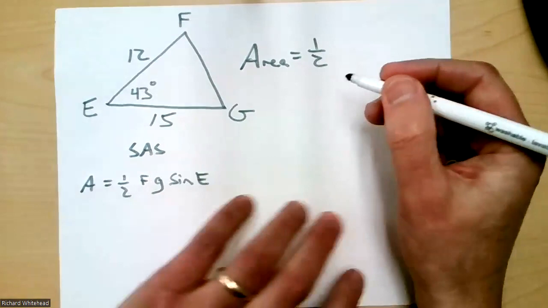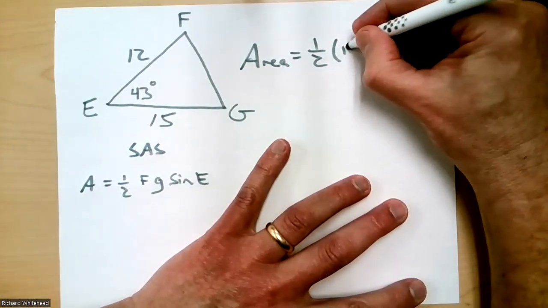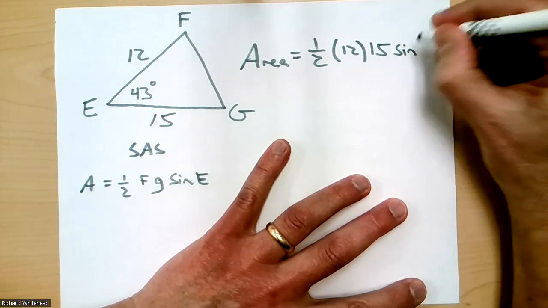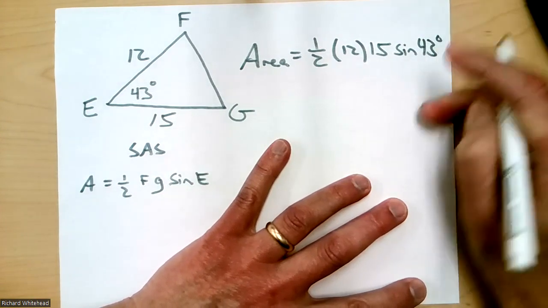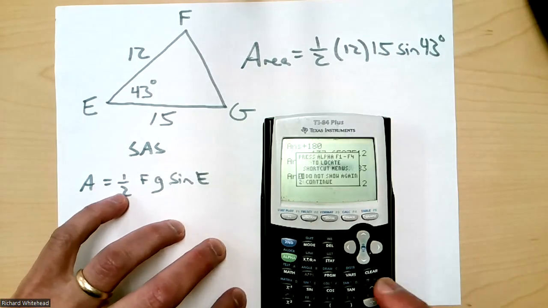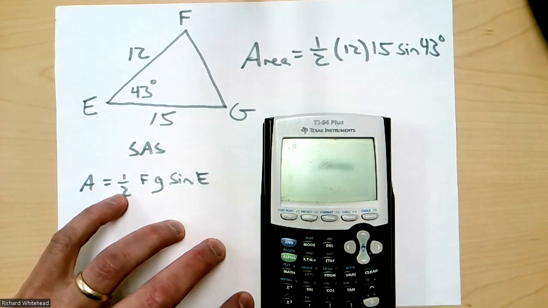Because it's SAS. So we'd have 1/2 times 12 times 15 times sine of 43. And that's all there is to it. This is really not a big deal. So we'd have 1/2 times 12 times 15 times sine 43.